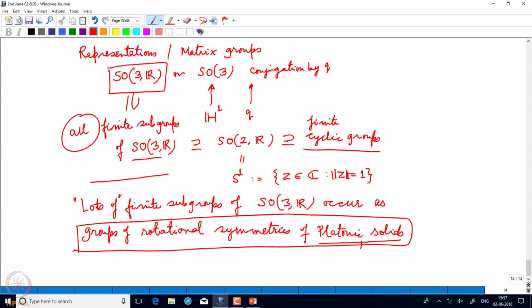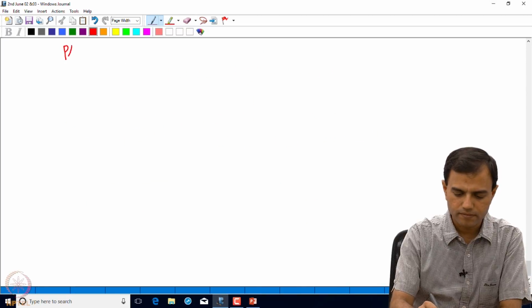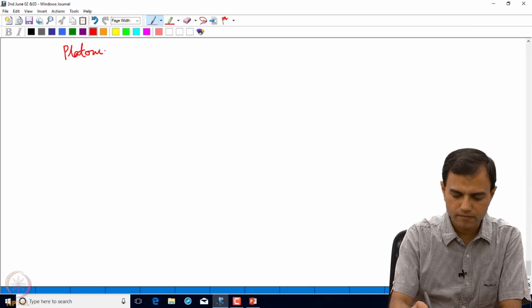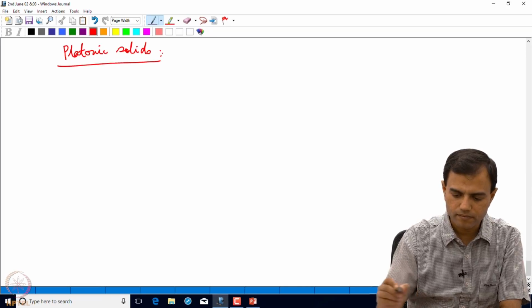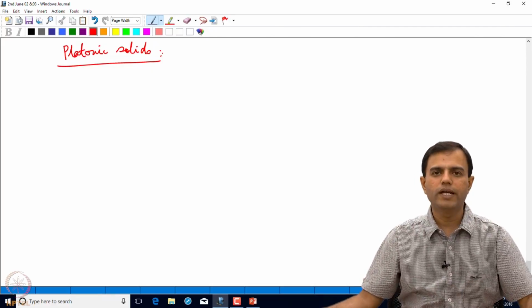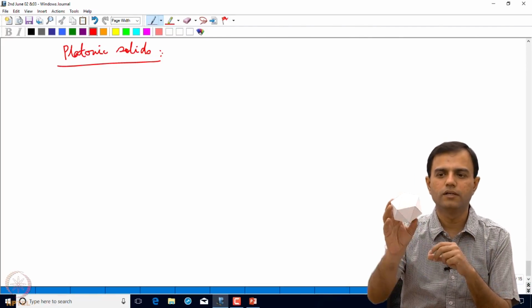In fact, in the case of the tetrahedron, we had seen this group. We had written this group and we had also made the Cayley graph of this group. Now let's recall Platonic solids. I'll show this one again.